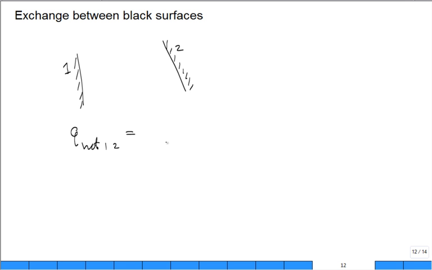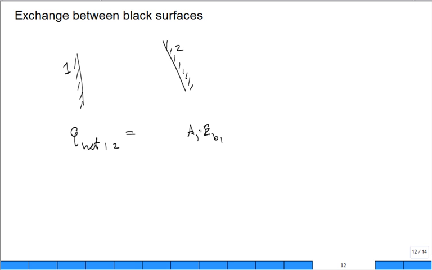The net transfer 1 to 2 is equal to how much is coming off of 1. Tell me, what is the radiative power coming off of a surface 1? Wouldn't it be the size of the area of 1 and then the black body emissive power of 1? I like to use flux, but the book uses just power, black body emissive power. Wouldn't that give me the units of watts?